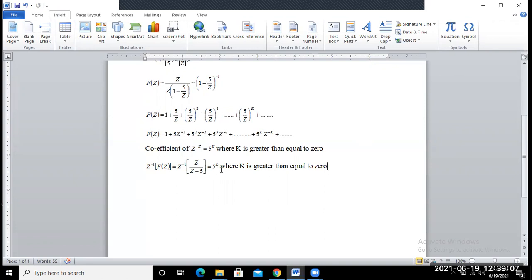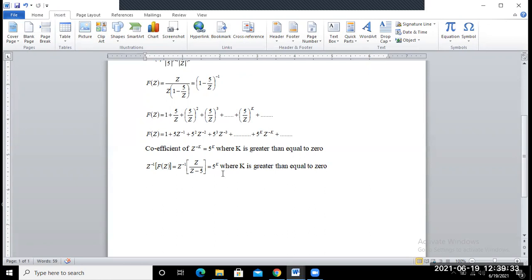Here u(k) is your step input signal, so its magnitude is 1 for a step input. So the inverse of z by z minus 5 is 5 to the power k, when the magnitude of z is greater than 5.